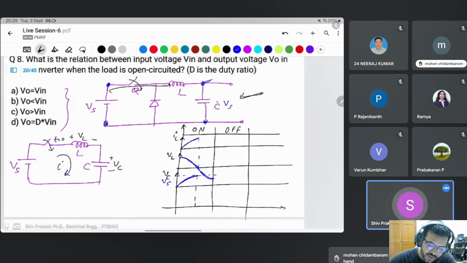If you charge to Vs, then this voltage will be the same. After that it will be discontinuous, you can say disconnected or open circuited, because the capacitor has the full voltage. After that it can't take any more current, so the inductor current will be zero. The voltage will be continuous, and it can't be charged more here.